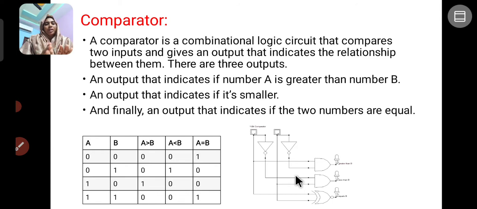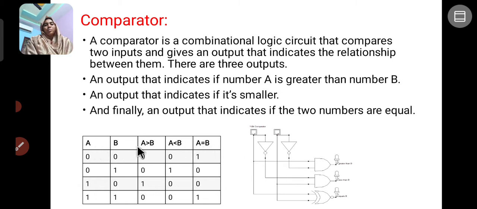After designing a 1 bit comparator, the next step is the VHDL code. So what is VHDL? Very high speed integrated circuit hardware description language. VHDL consists of two parts, the entity part and the architecture part. The entity gives the information about inputs and outputs, the number of inputs and the number of outputs.